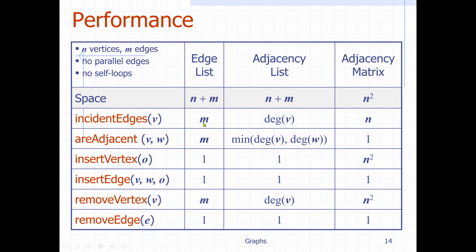Now, when we talk about the incident edge at V, the number of the edge list will be M because M will be incident. Remember, we said the incident is the number of edges connected to a particular vertices.